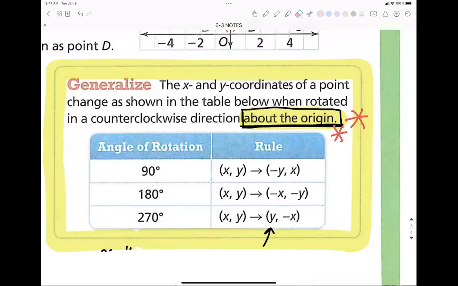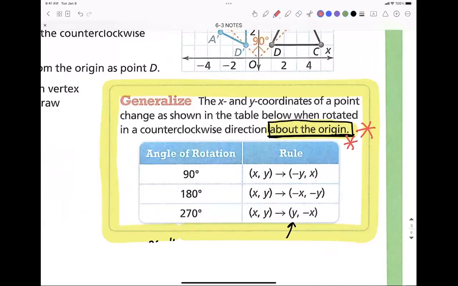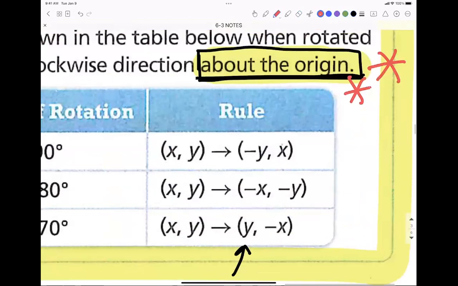All right, so here's how the shortcut works. If something is rotated 90 degrees, your original XY flips: the X goes in the Y spot, the Y goes in the X spot, and notice the Y turns negative. So if it was a positive 2, it becomes a negative 2. If it was a negative 3, it becomes a positive 3, okay?